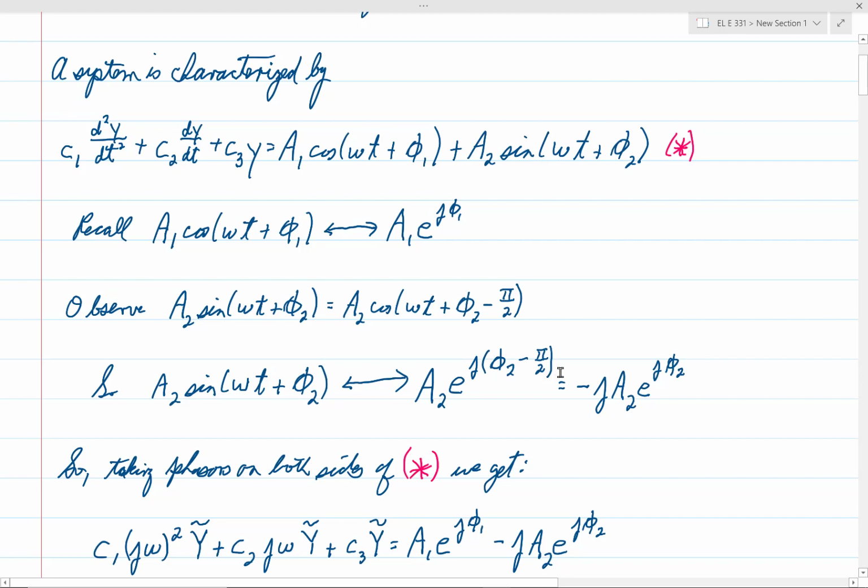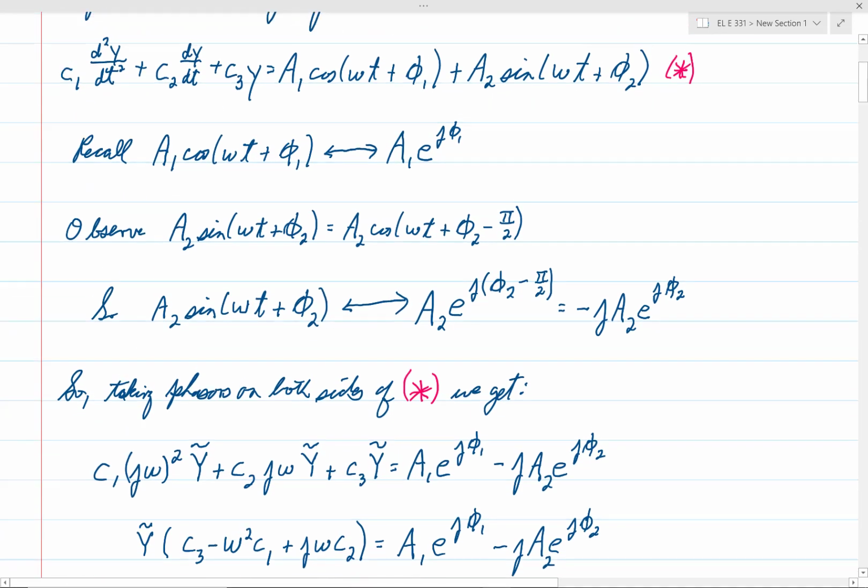If you write e to the j phi2 minus pi over 2 as e to the j phi2 times e to the minus j pi over 2, and remember that e to the minus j pi over 2 is minus j, then you can equivalently write the phasor in this form, which is frequently useful.